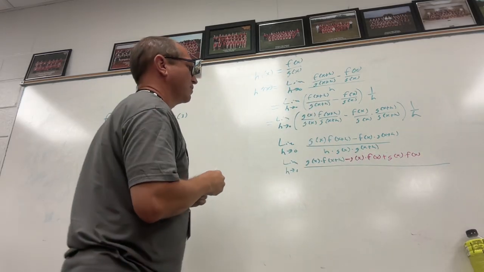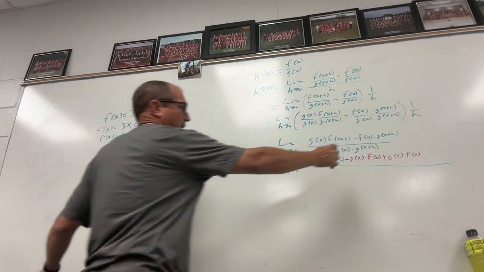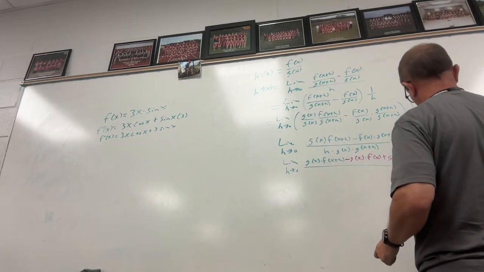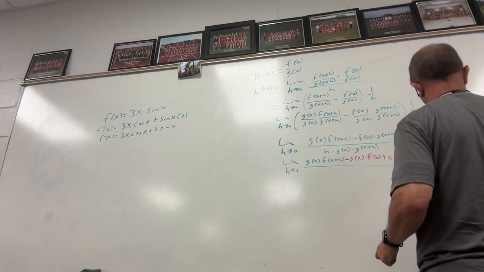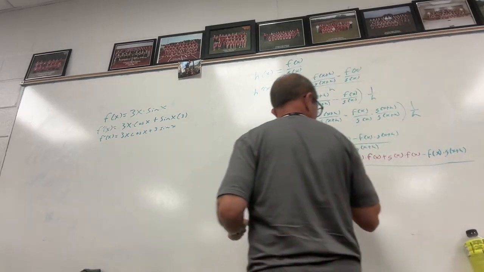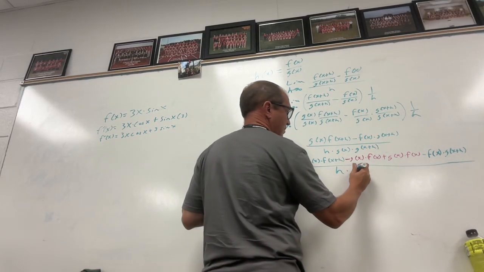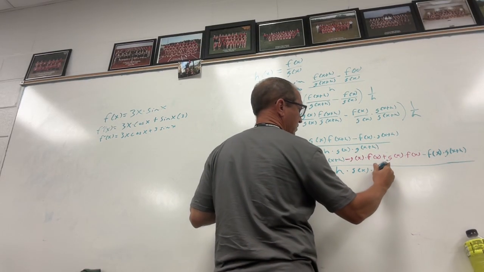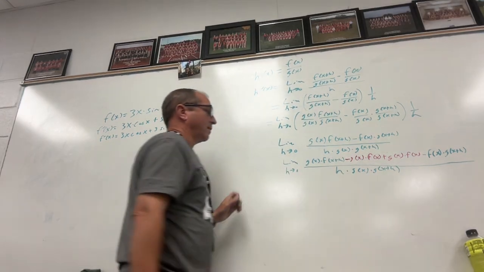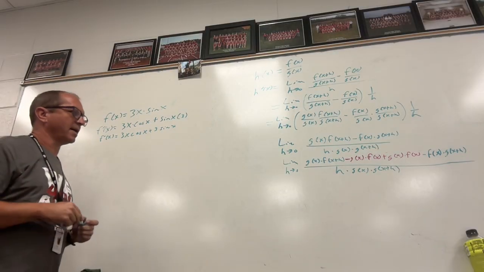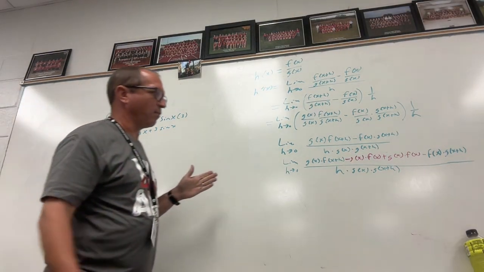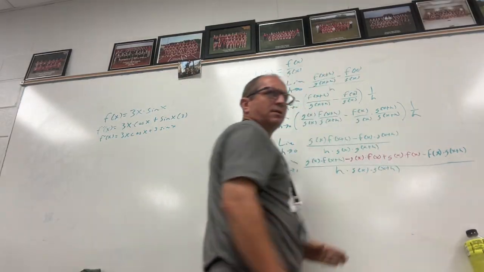And then I go back to the original and bring this back down, so it's minus f of x times g of x plus h, all over h times g of x times g of x plus h. All right. So again, I just took that and I added 0 to it. Well, in the last problem, I had one long fraction and I split it into two.